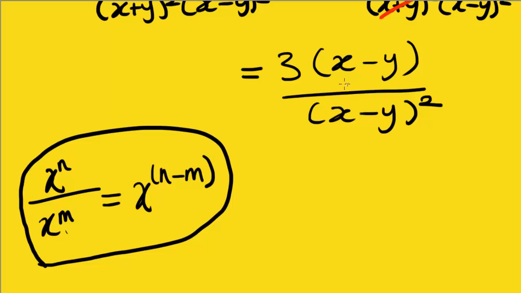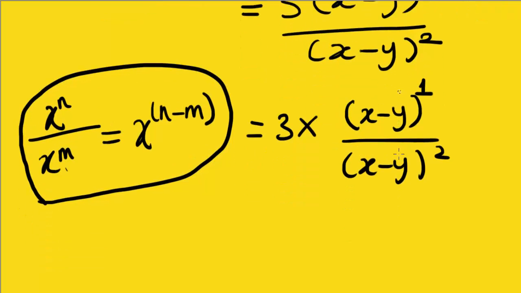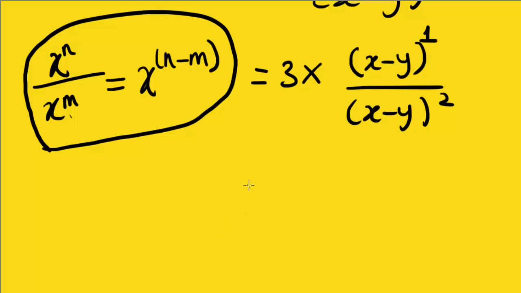In this case, you can think of this expression as 3 times x minus y over x minus y squared. As you can see, it's of this form. You can think of the numerator as x minus y to the 1, because anything raised to the power 1 is itself.